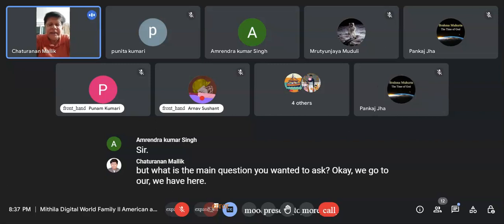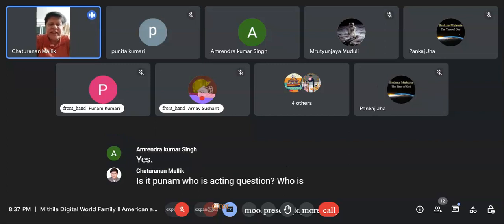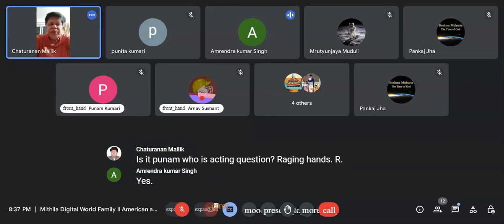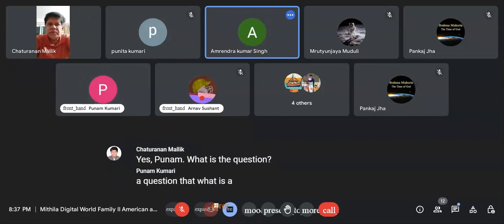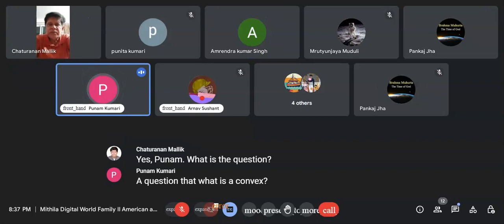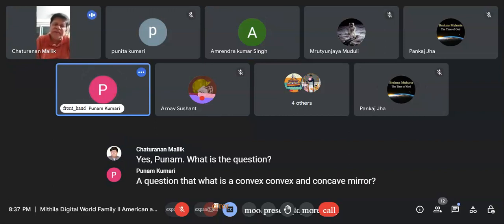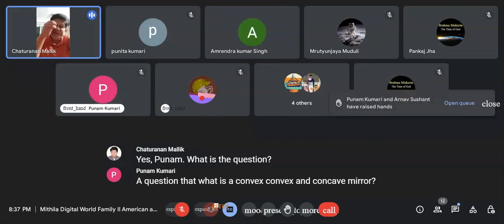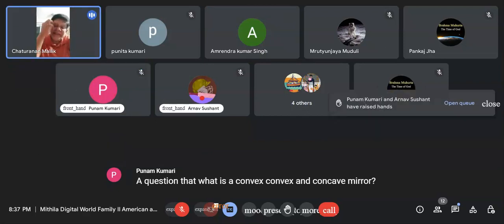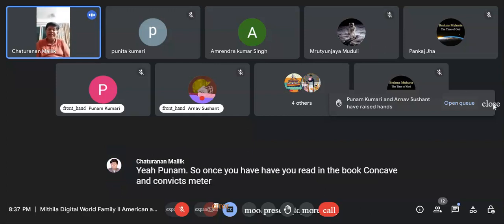Is it Poonam who is raising her hand? Yes, Poonam, what is the question? Sir, what is a convex and concave mirror? Have you read in the book about concave and convex mirrors? Sir, I can't understand it.